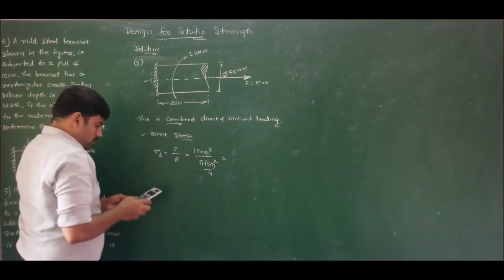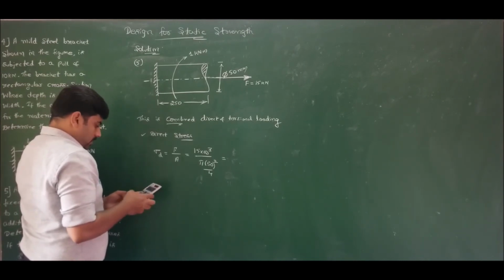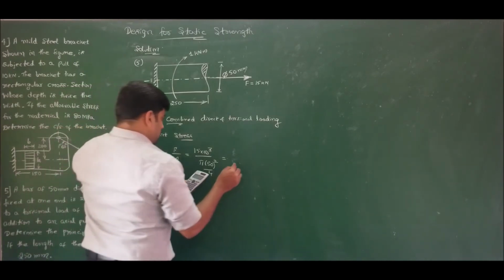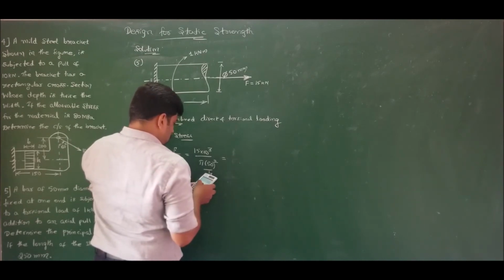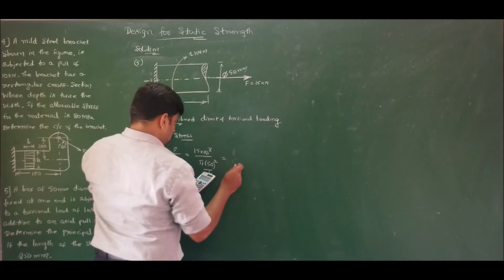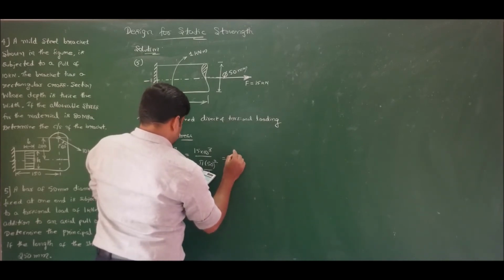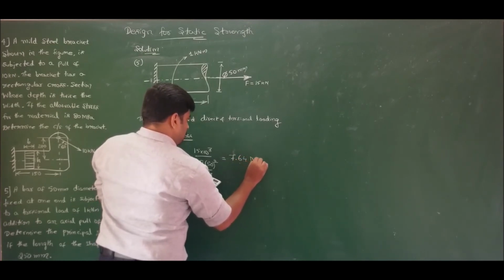So it is turning out to be 15 into 10 to the power of 3 into 4 divided by pi into 50 square. So direct stress is turning out to be 7.64 megapascals.